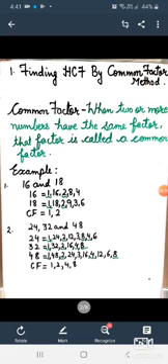Here I have written 1 and 16. Then I will check in which table the number 16 is coming, or in simple words, 16 is divisible by which number. So here 16 is divisible by 2, 8 and 4. So the factors of 16 are 1, 16, 2, 8 and 4.